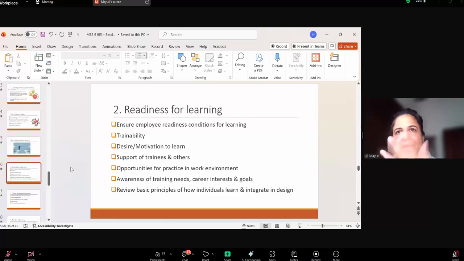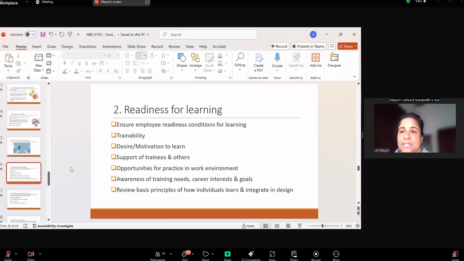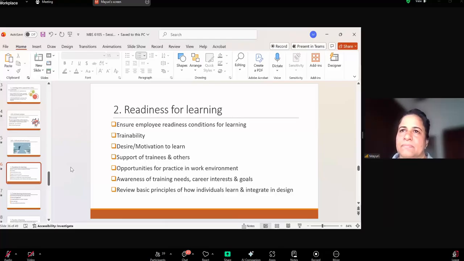And the other thing is, when we are learning, one of the fundamental requirements is readiness.